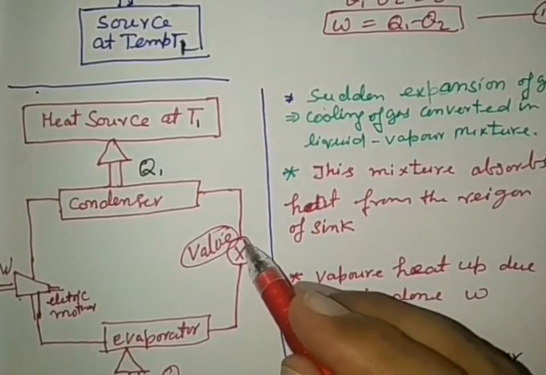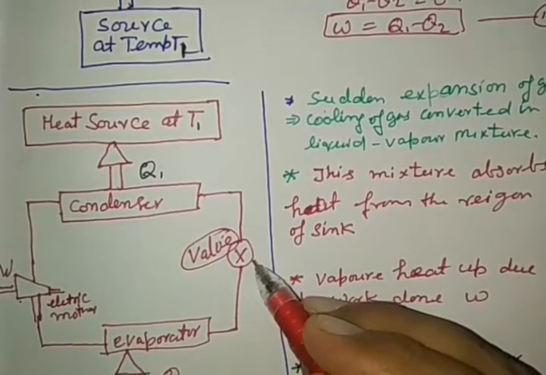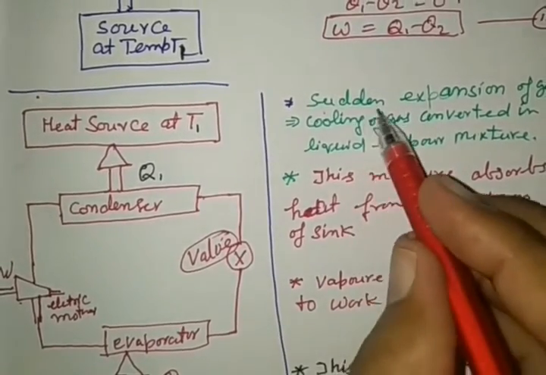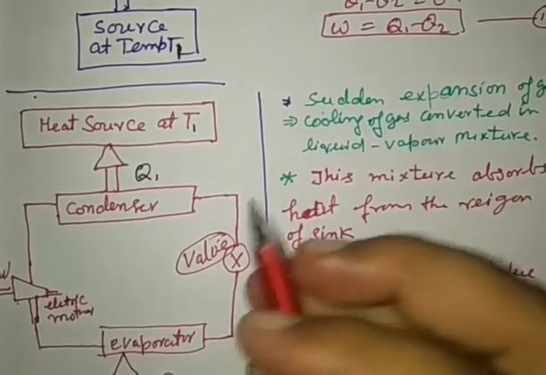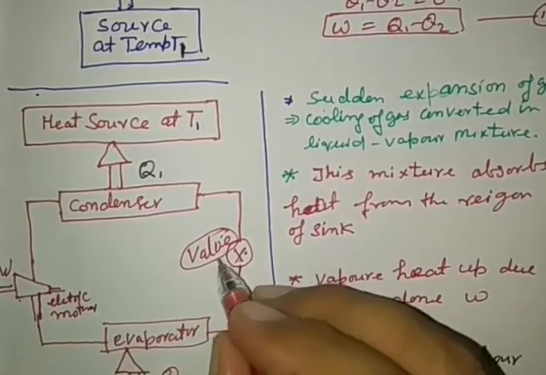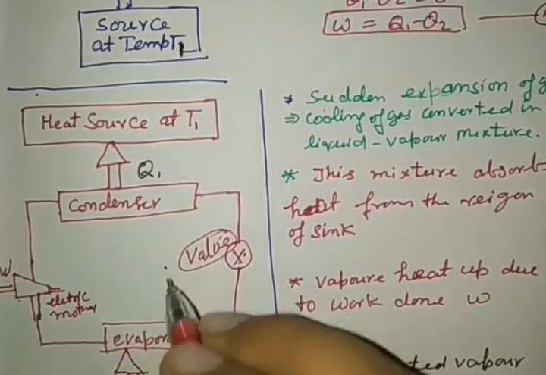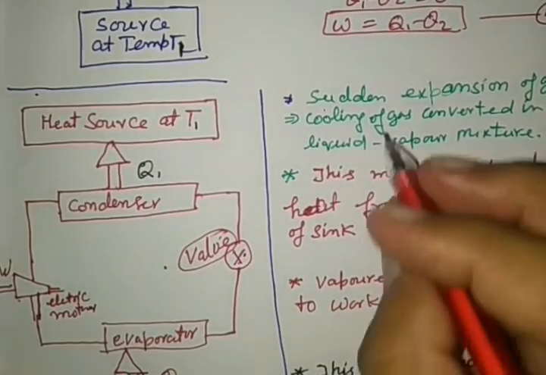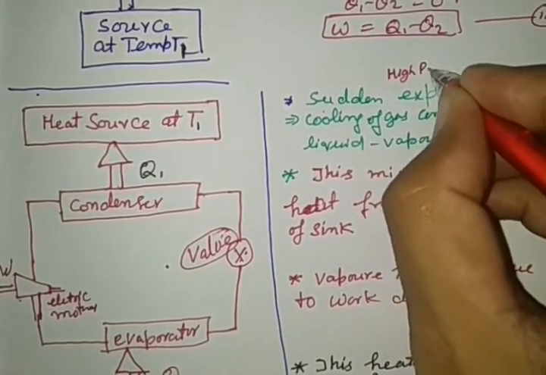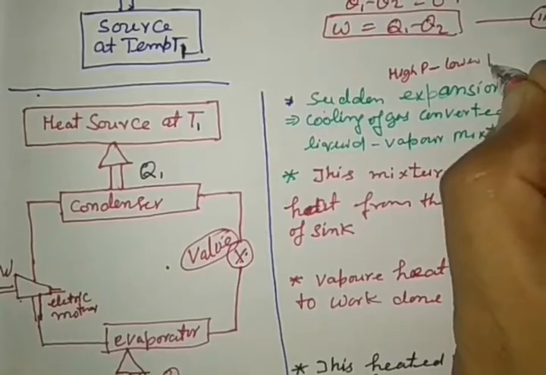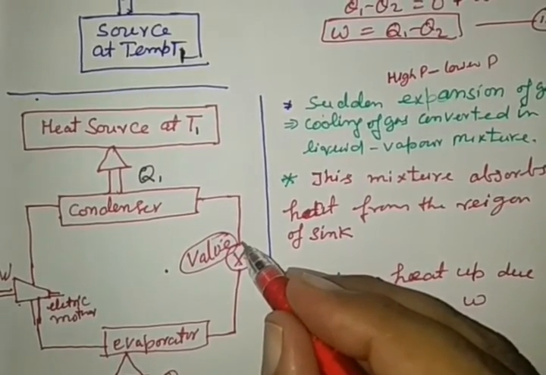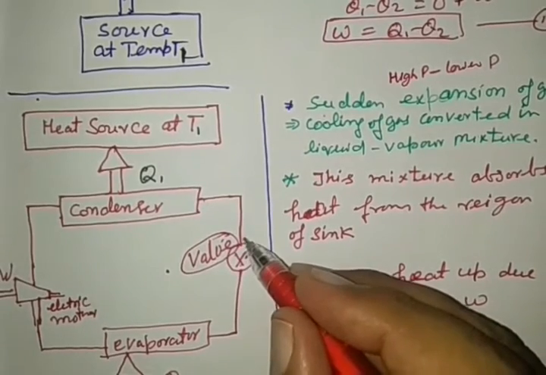See here, in the liquid, when the valve opens, sudden expansion of gas and liquid takes place, from higher pressure to lower pressure. The valve opens, and liquid ammonia is used as the working substance.